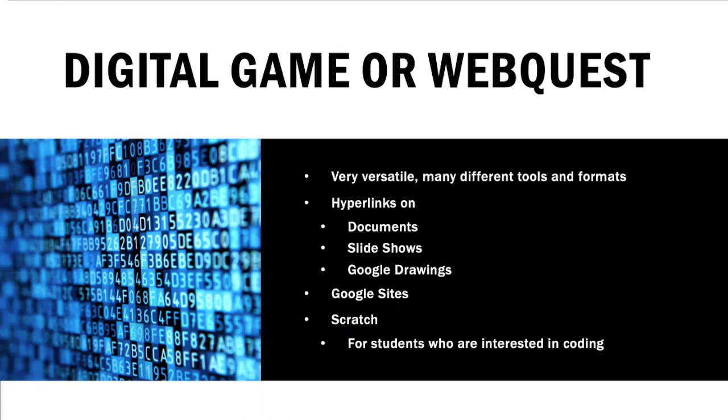So I'll read about the Battle of Antietam, and then the questions on the document where the web quests originate, kind of the hub for all the links, will be a question about the Battle of Antietam. That kind of goes the same for slideshows and Google Drawings. Hyperlinks can be embedded into there. I find that for like a Google Drawing, that would probably be more conducive to a game. I'm not that familiar with that, but I've seen it done.